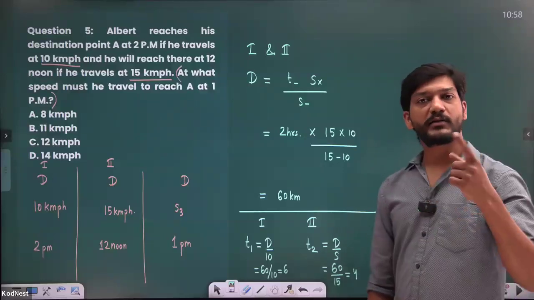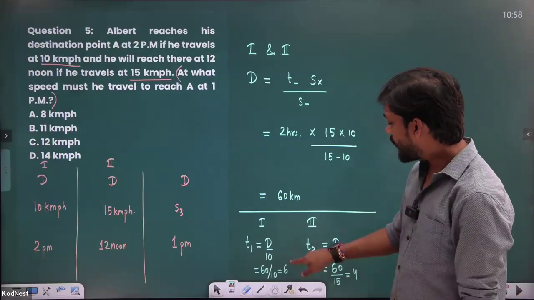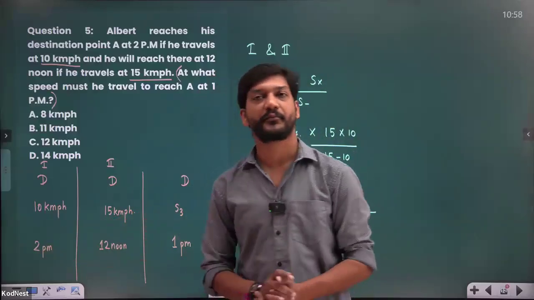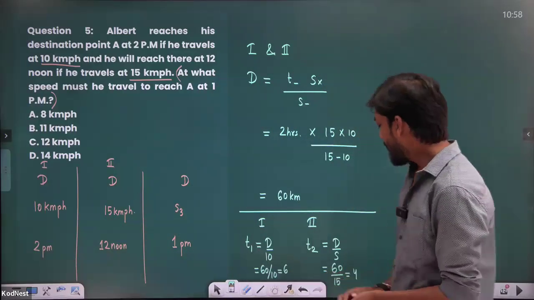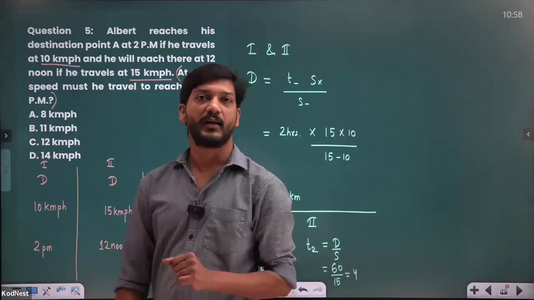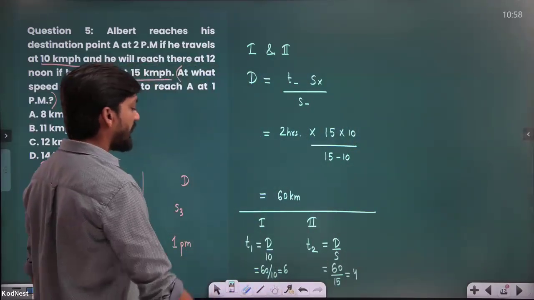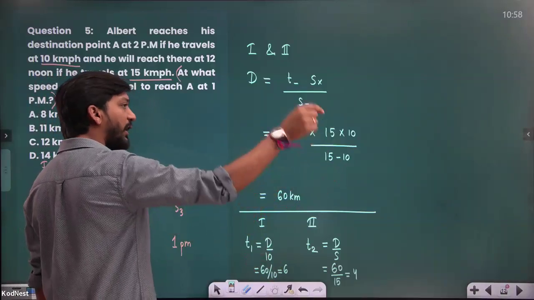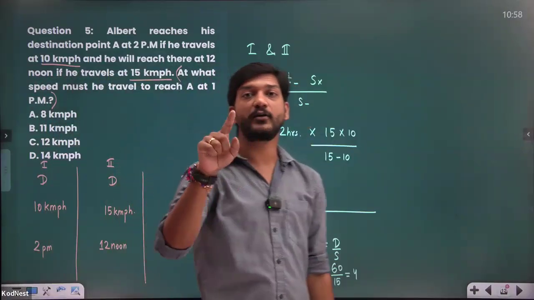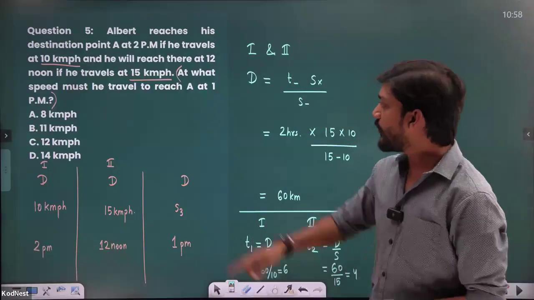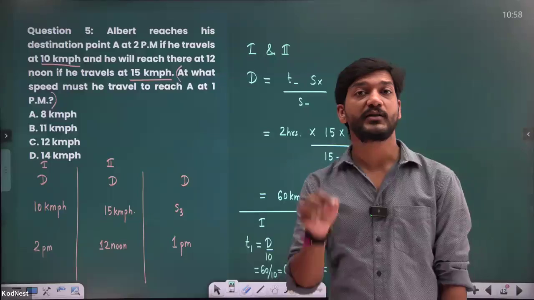Now just answer very carefully. You want to go somewhere. If you take 6 hours, you will reach at 2 p.m. If you take 4 hours, you will reach at 12 noon. Let me take just one case. If you take 6 hours to travel, you will reach the destination at 2 p.m. If you want to reach at 1 p.m., how much time should you take?